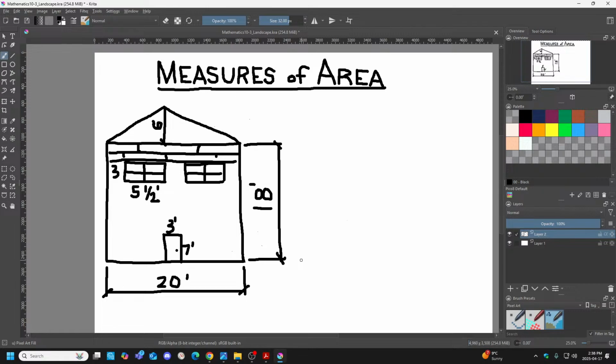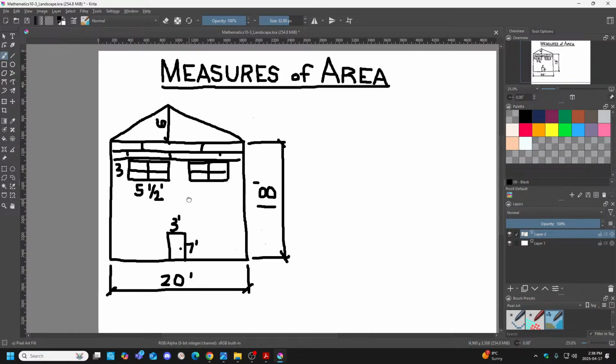So what he needs to do, and of course, we're only looking at one side of the house. So this is for practice and also for you to learn, right? There's obviously 4 sides to a house. That's house mathematics 101, okay? But we're just going to do the front for an example, okay?